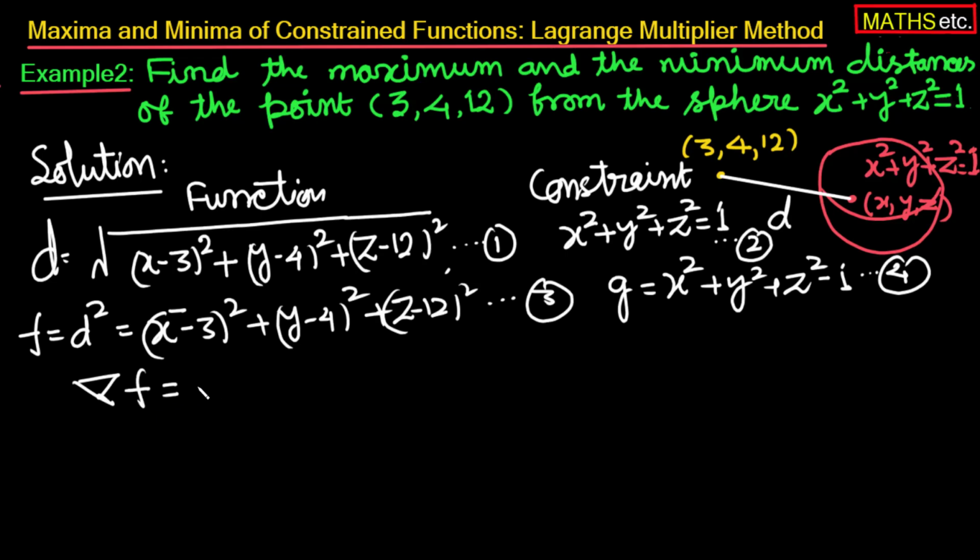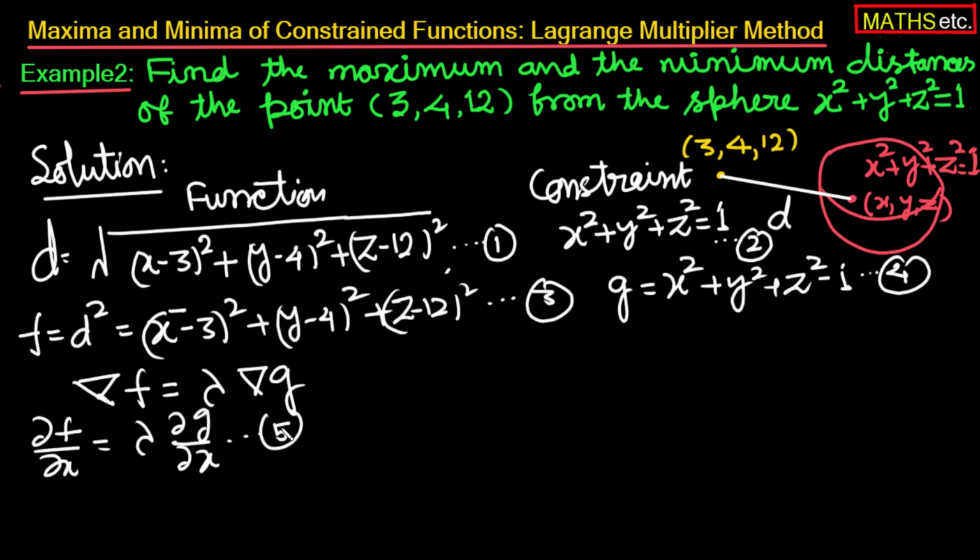Gradient of f is lambda times gradient of g, and we know that this equation is nothing but a set of 3 equations, because we have 3 independent variables x, y and z. So the 3 equations will be: partial derivative of f with respect to x equals lambda times partial derivative of g with respect to x. This will be our equation number 5.